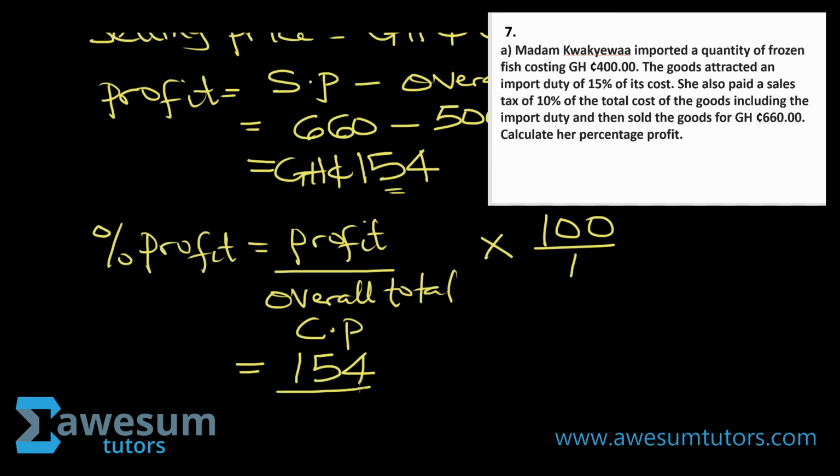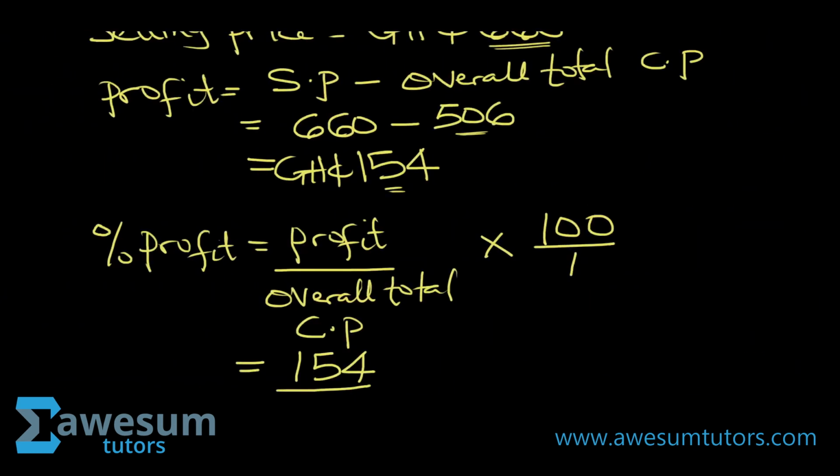Then the overall total cost price is 506, right? It's 506 right there. I have 506 times 100 over 1.